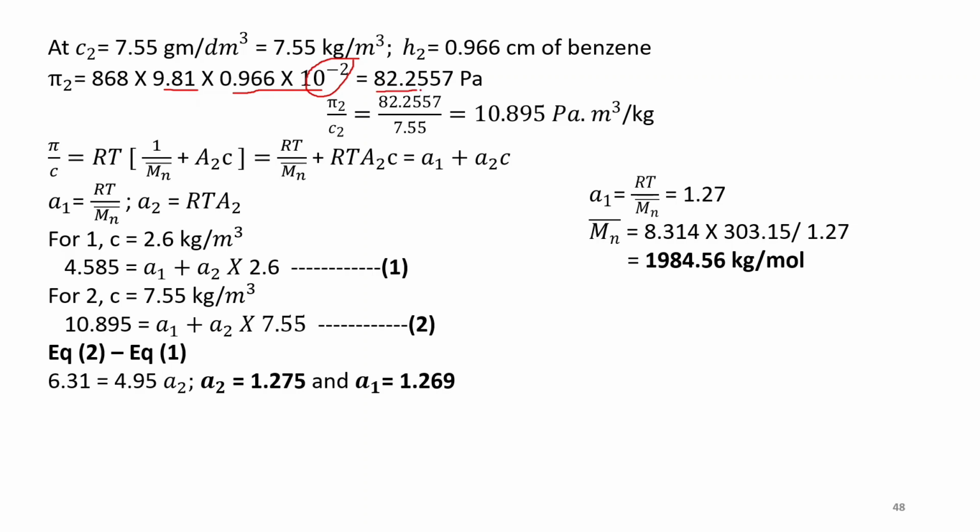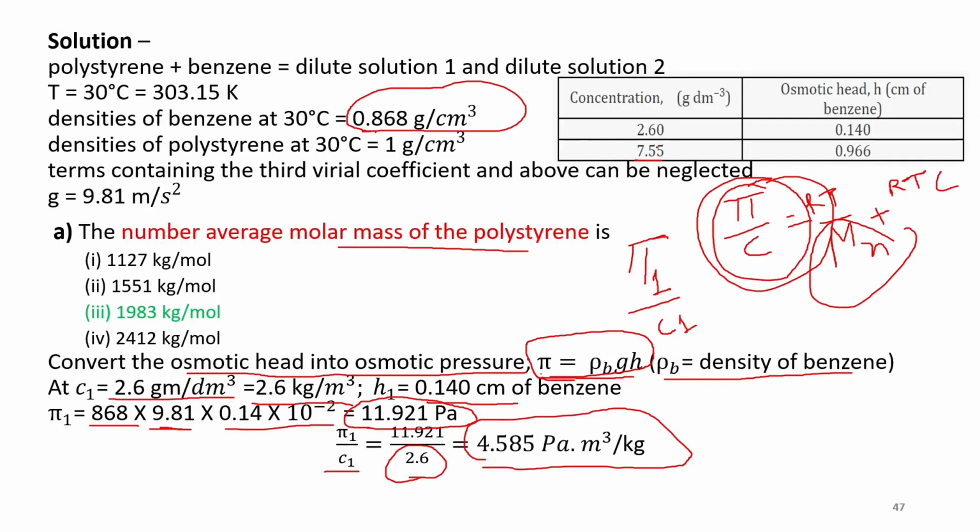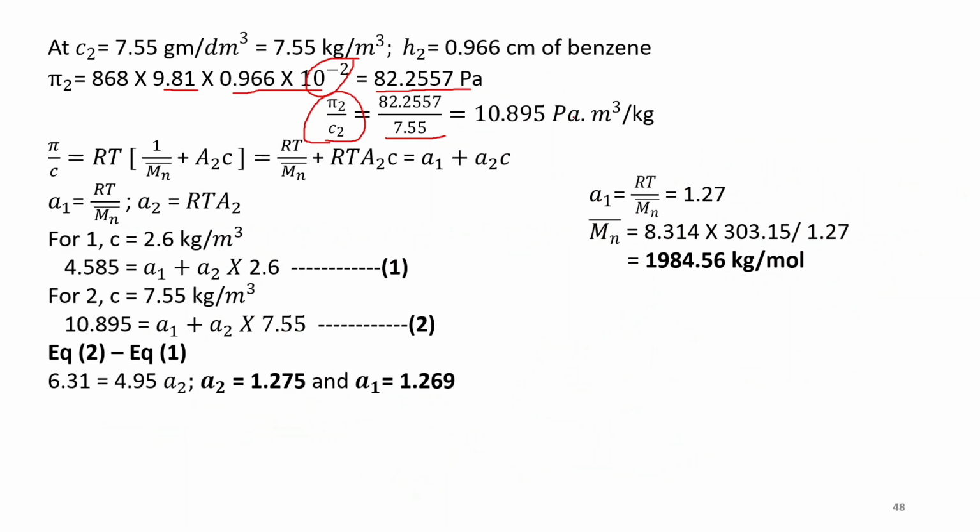Then we get 82.2557 Pascal, and we divide the osmotic pressure by concentration 2, which is 7.55, and we get 10.895 Pascal meter cube per kg.